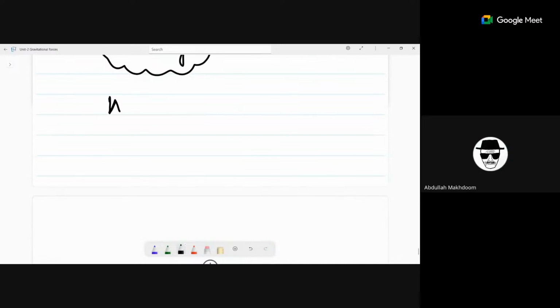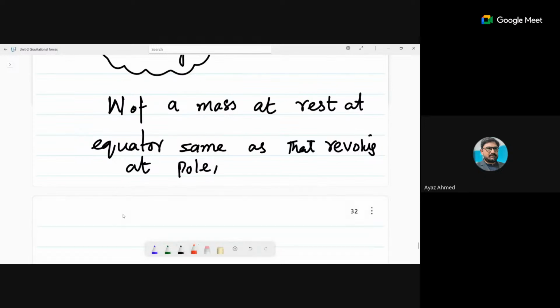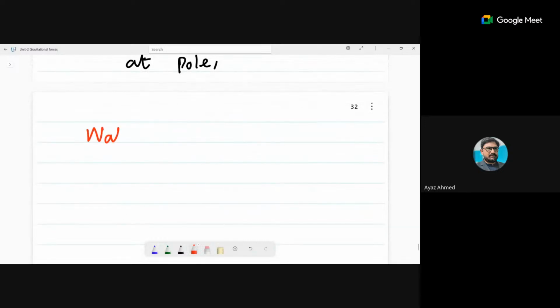The weight of a mass at rest at the equator is the same as that of revolving at the pole. But there is another condition, when weight is considered both while revolving: weight at the equator while revolving is less than weight at the pole while revolving.